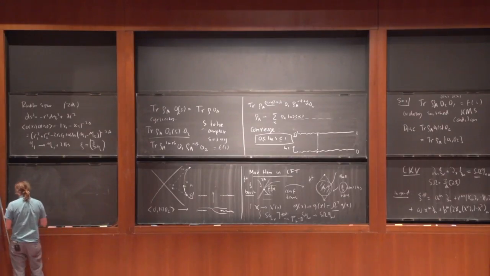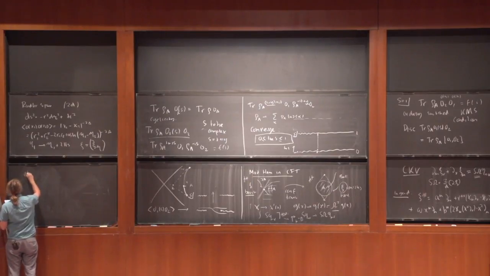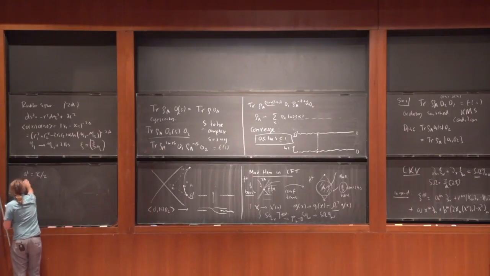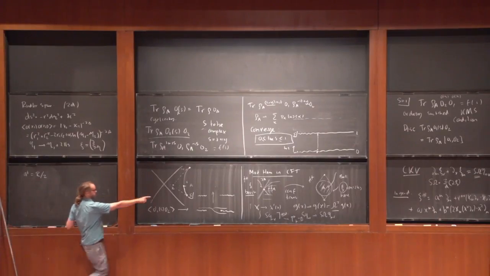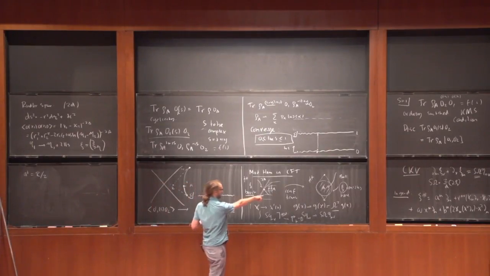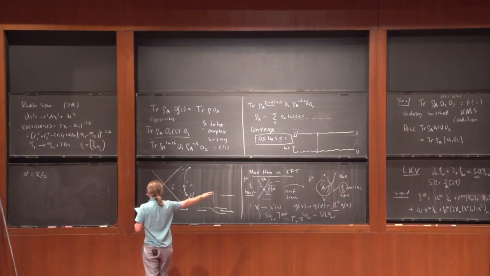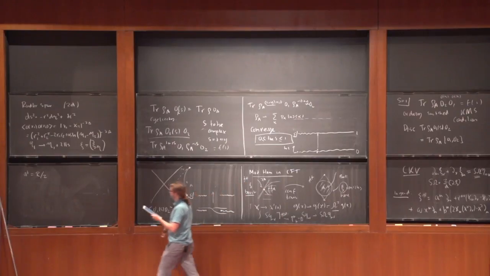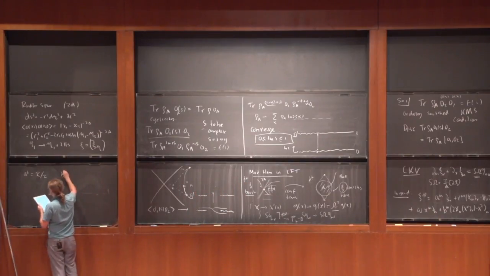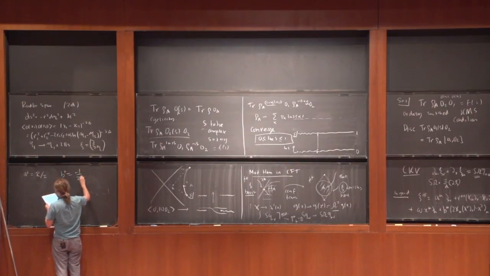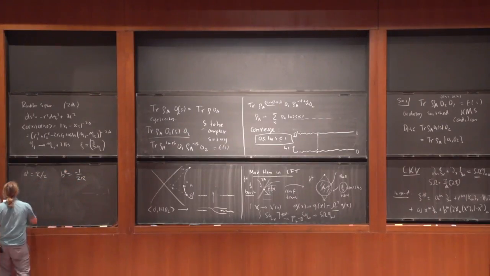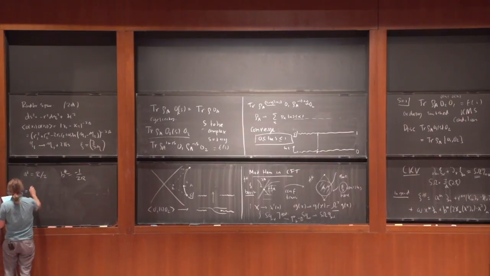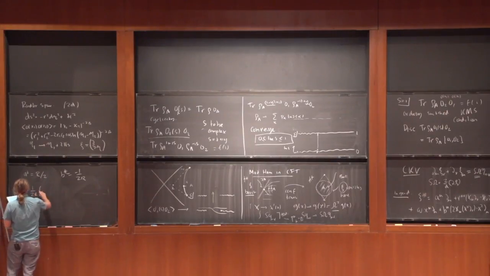Up to some overall scale, which I've fixed already, I should pick AT, the T component of this, to be R over T and BT to be minus 1 over 2R, and all of the other things are 0. Okay, and then you write out what this is, and this is this guy.